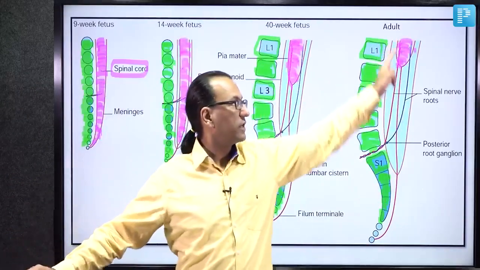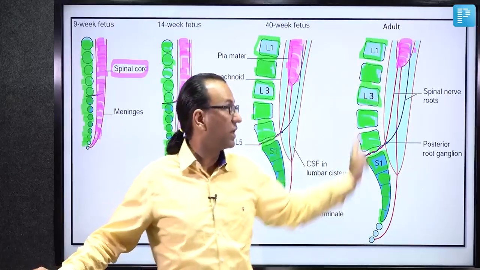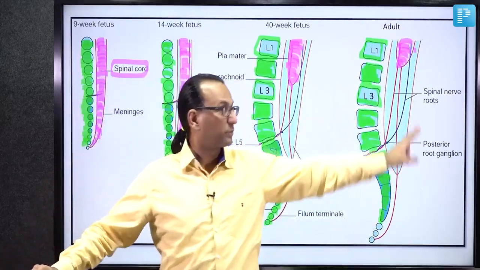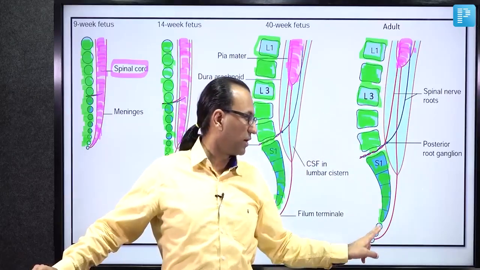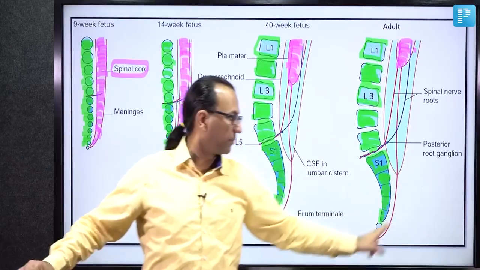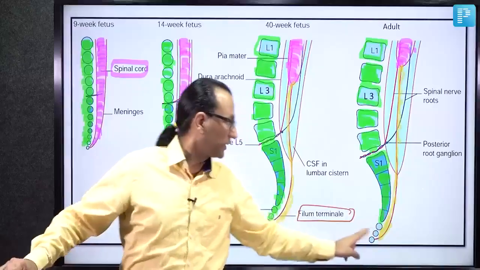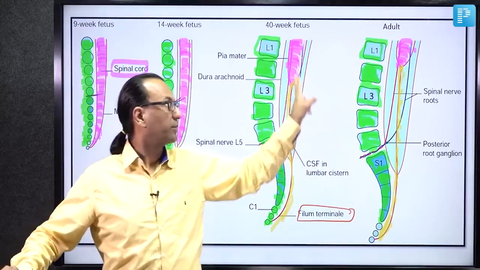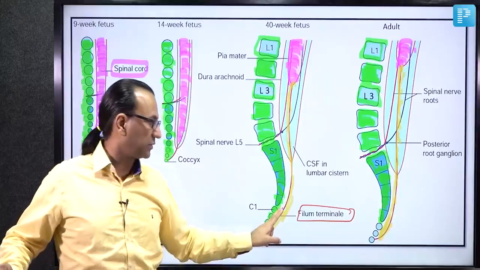This happens because there is disproportionate growth between the vertebral column and the spinal cord. But still you will notice that the spinal cord is attached to the coccyx with the help of a fibrous attachment, and that attachment is called the filum terminale. Attaching to the tip of the spinal cord, the original attachment is persisting.